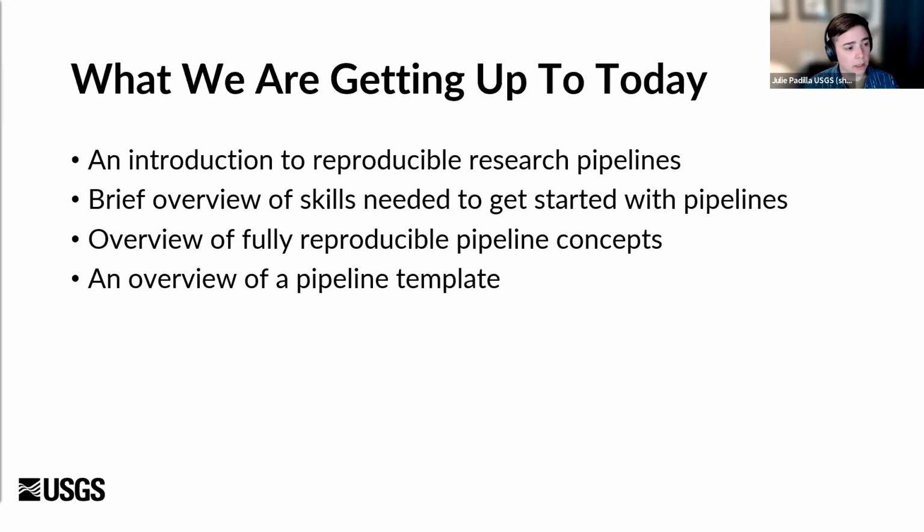So if you're following along and you think you're missing some of these core concepts, shoot me an email and let's talk about them, because my CDI presentation was a longer version that included a breakdown of all of the individual skills. Then we're going to hop over to an overview of fully reproducible pipelines, and then we're going to take a look at a pipeline template that we built last year.